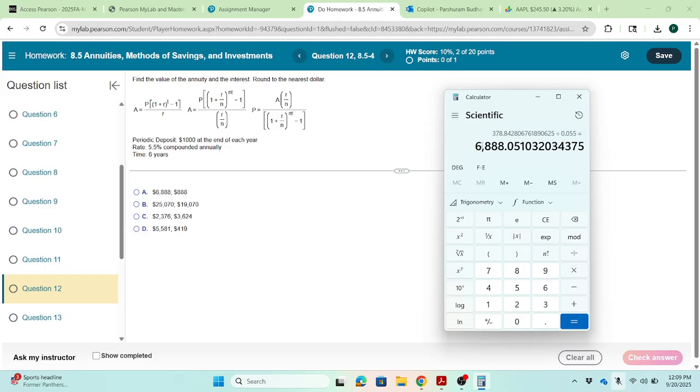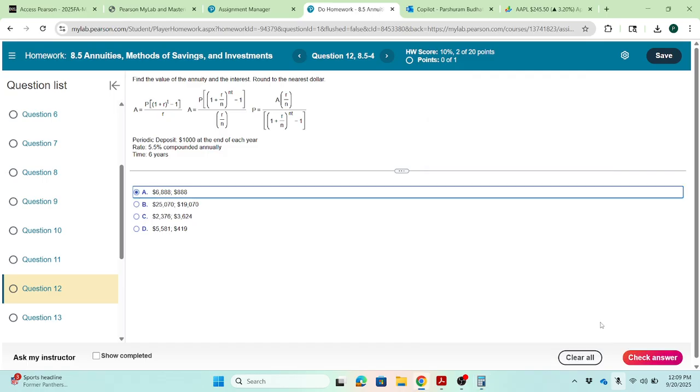At the end of 6 years, this is the amount you're going to get for that investment. Keep in mind, if you invest $1,000 per year for 6 years, your investment is 6 times 1,000, which is 6,000, and the leftover money is your interest. So the annuity is 6,888, and the difference is the interest.